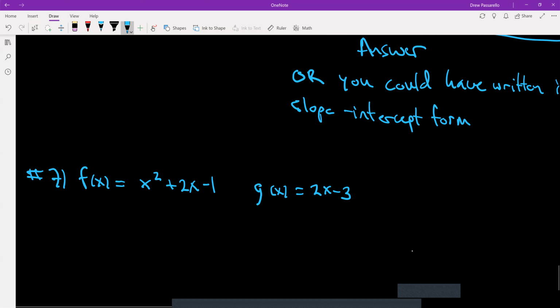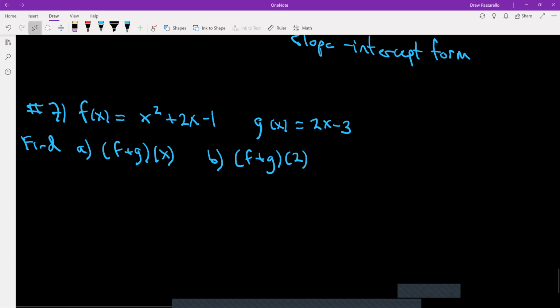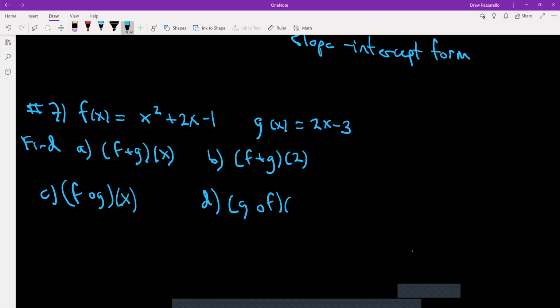I'm going to find part A, f plus g of x, part B, f plus g of 2, and then part C, f composed with g of x. And then I'll do part D, g composed with f at x.